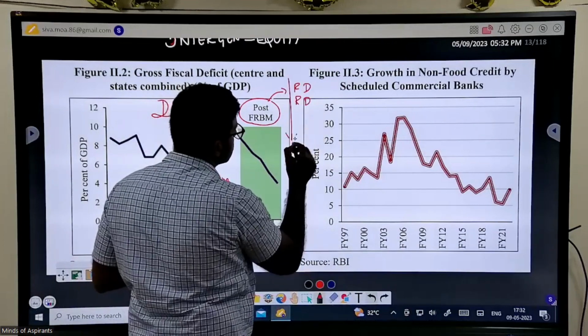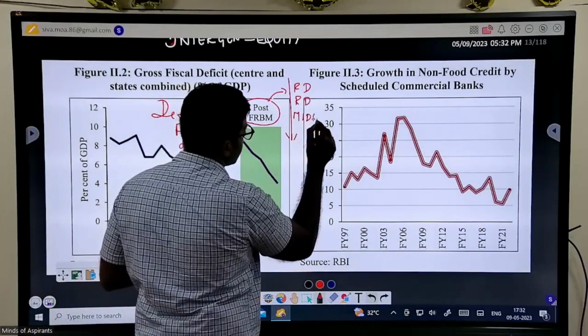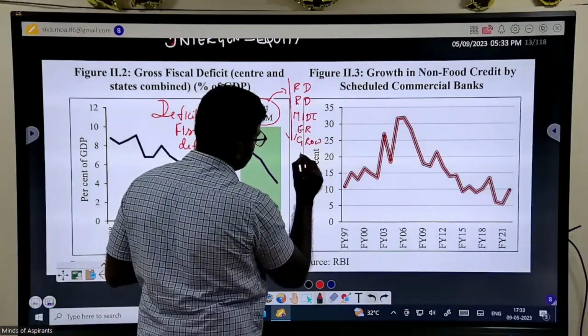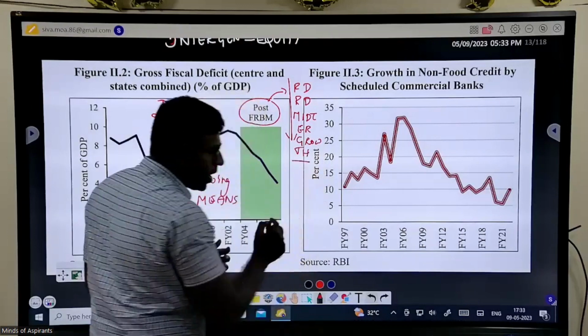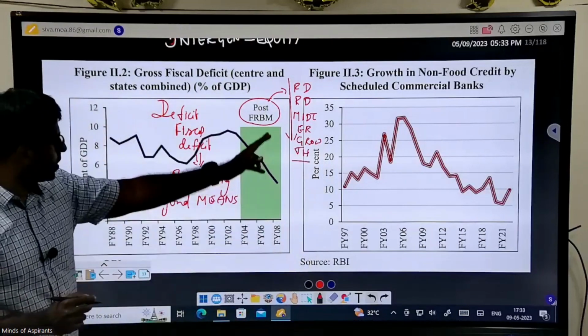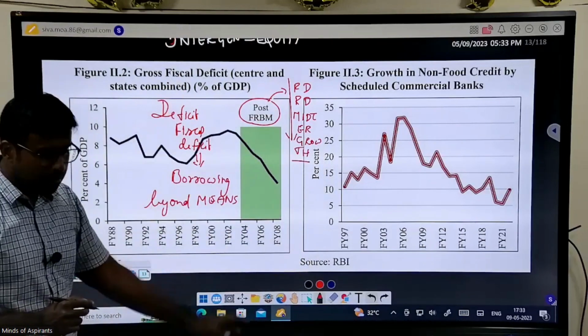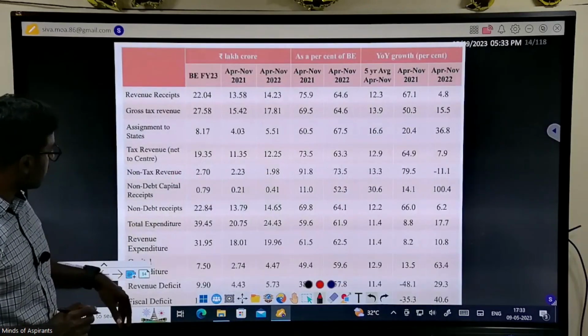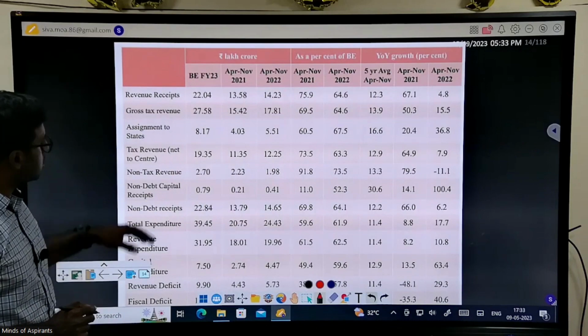You have to show midterm growth projections or something like that. Please check the components, as this could be a question. So this is what they did, and then we will go to the budget.